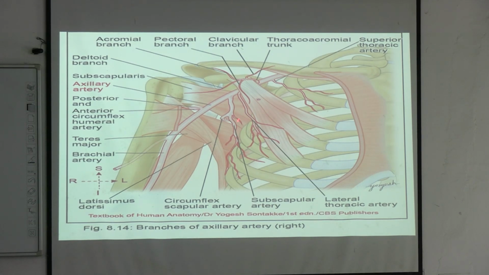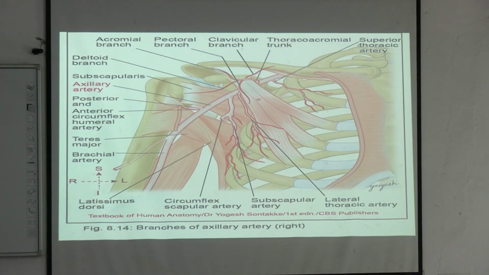Okay, this is subscapular artery, and one important branch from it is circumflex scapular, winding round the lateral border of the scapula in between two heads of teres minor and forming a depression along the lateral border of scapula. And these two arteries, anterior and posterior circumflex humeral arteries, these are branches from third part of the axillary artery.